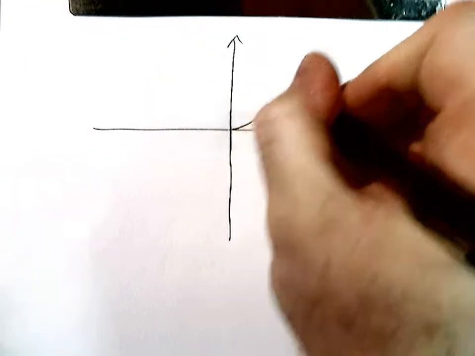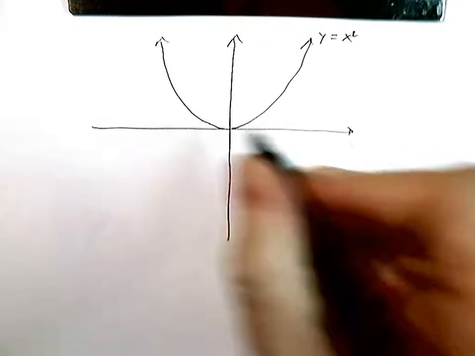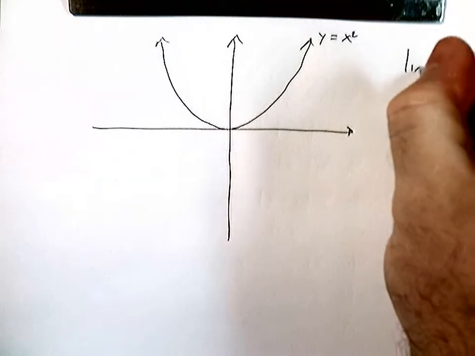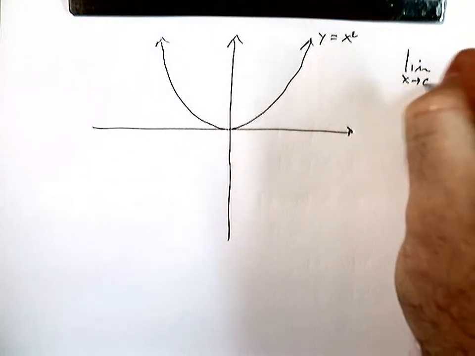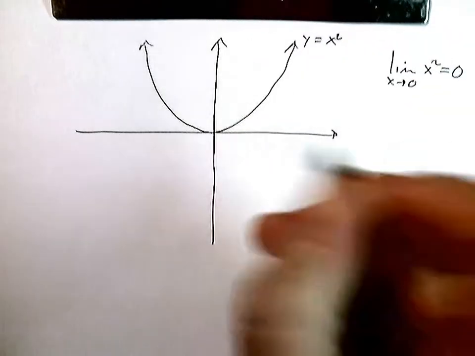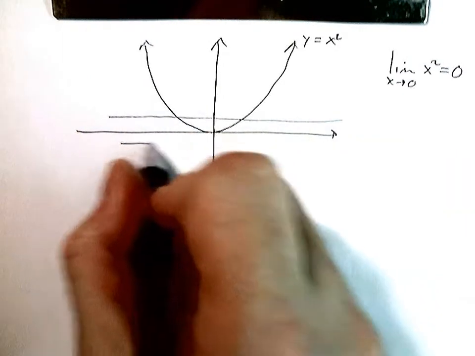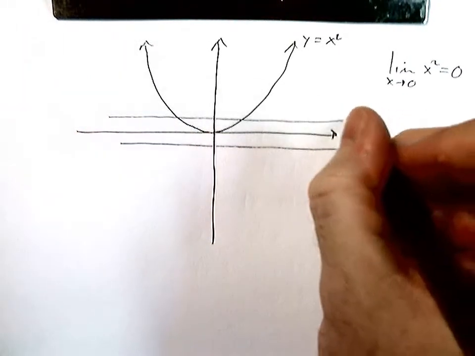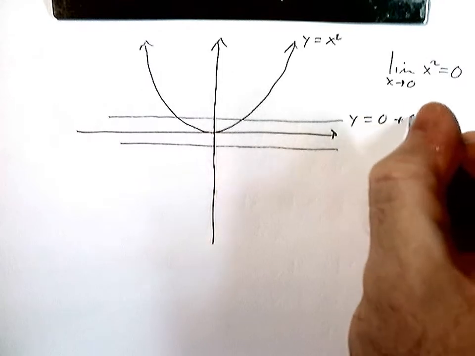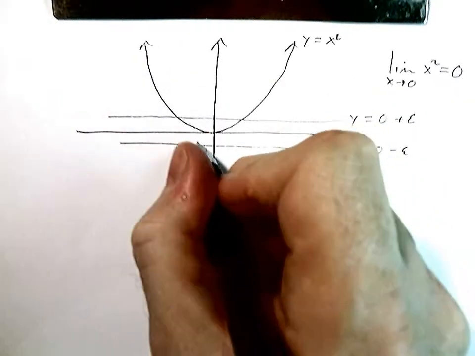Here's my function y equals x squared, and we want to show the limit as x goes to 0 of x squared equals 0. That was our thing here. So this would be y equals 0 plus epsilon and y equals 0 minus epsilon.